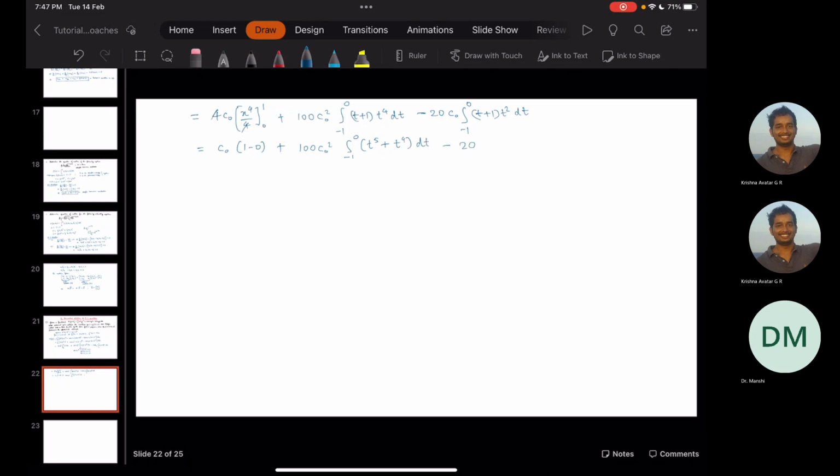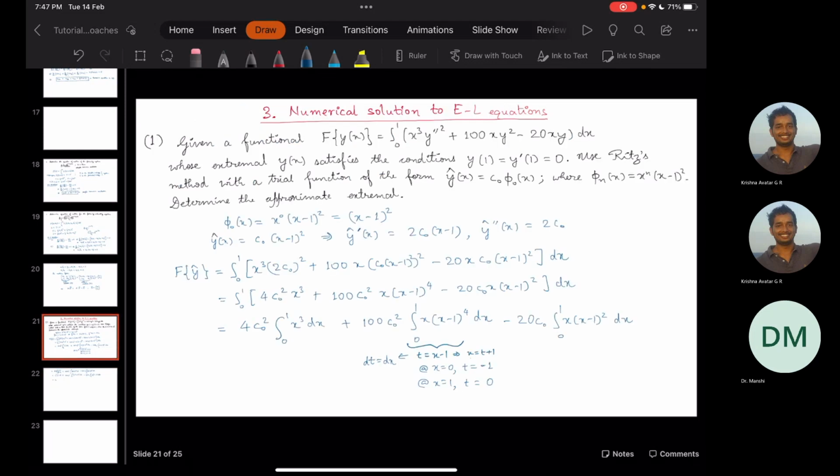Similarly, for the last integral from minus 1 to 0, it becomes t cubed plus t squared dt. So this is c naught squared here, I missed it again.